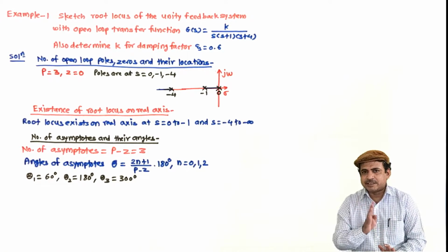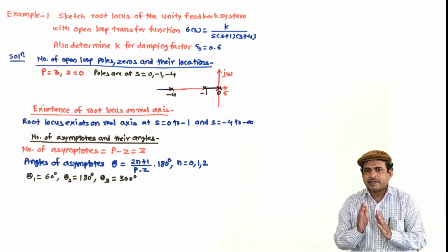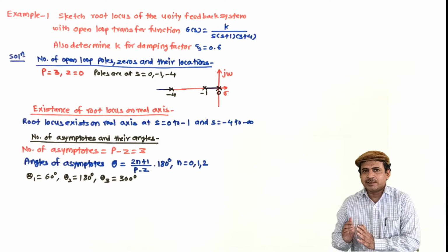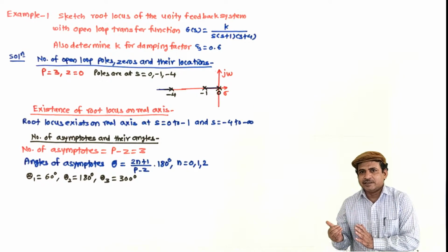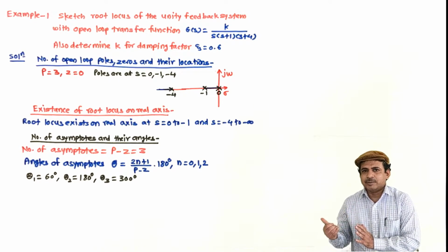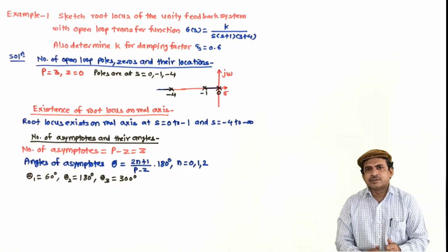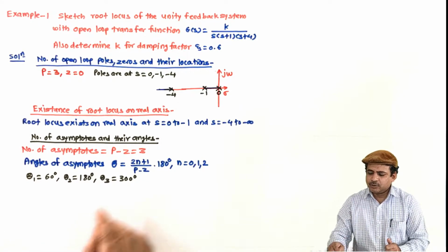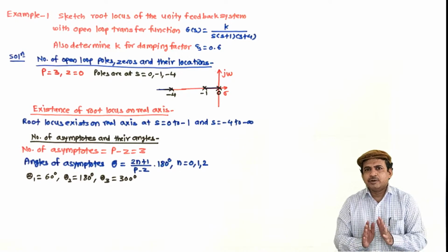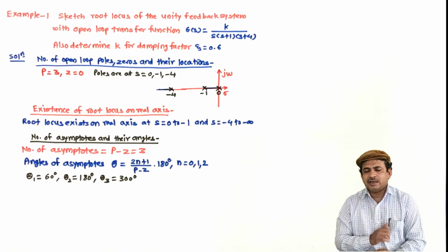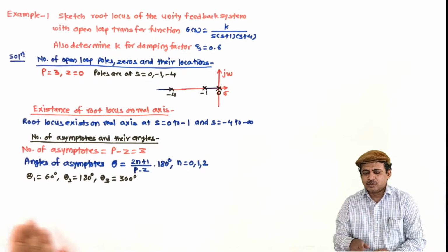Similarly, if there are 4 asymptotes, the first angle will be 180 by 4, that is 45. The second angle will be 45 plus 90, that is 135. The third angle will be 135 plus 90, 225. And the fourth angle will be 225 plus 90, which is 315 degrees. So this is applicable universally, and hence no need to remember this formula. We only need to take the first angle as 180 upon P minus Z, and then add twice that every time to get all angles.